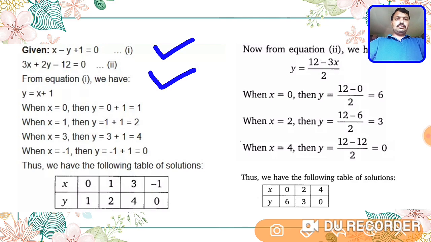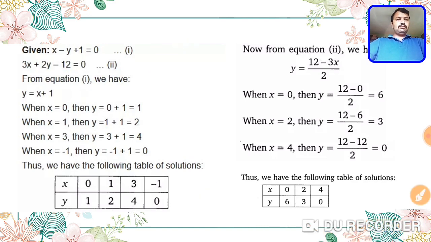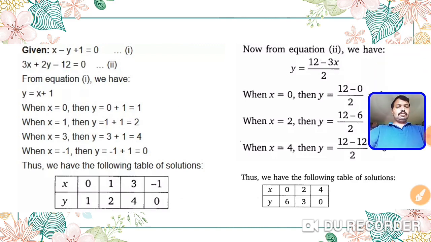So let us see from equation 1 first of all. Find the value of y, it will be x plus 1. Now write down the solutions for it. Remember, when x equals 0, y will be 1. In the same way, you have to form the table for your equation 1. Similarly, in equation 2, we have y equals (12 minus 3x) upon 2.